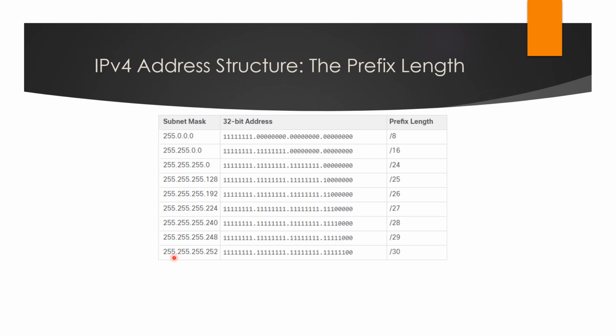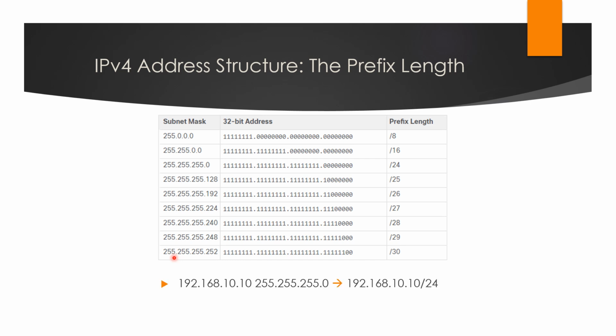A network address is also referred to as a prefix or a network prefix. Therefore, the prefix length is the number of 1 bits in the subnet mask. When representing an IPv4 address using a prefix length, the IPv4 address is written followed by the prefix length with no spaces.